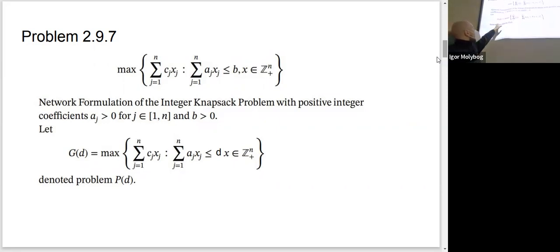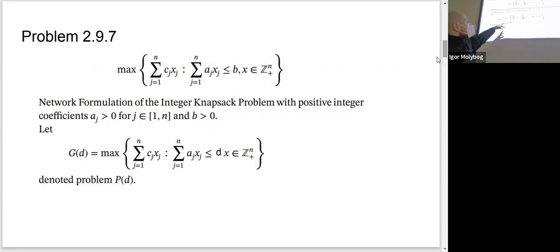We are introducing a function g, or you can think of it as a vector actually, just because we are putting our index in the parentheses here. So it really just consists of b numbers, because d will go from 0 to b.